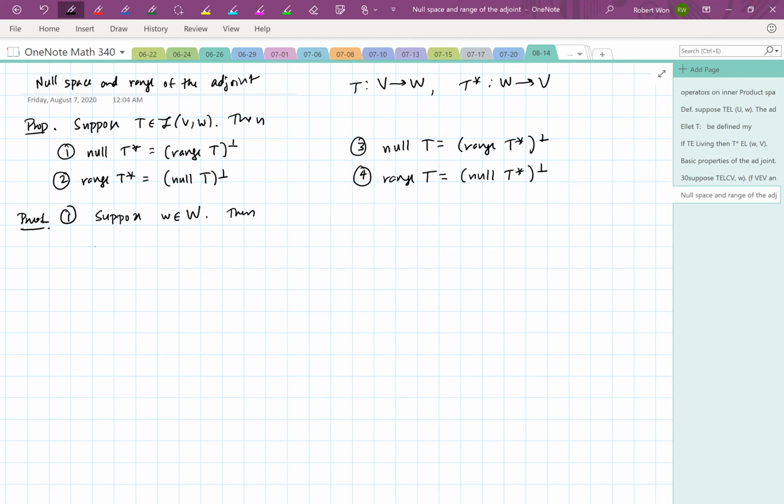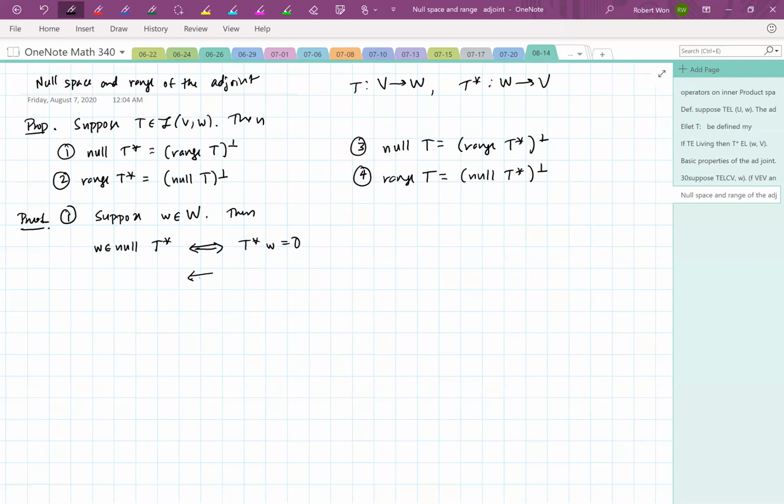Then, w is in the null space of T star is equivalent to saying that T star of w is equal to 0. That's just what it means to be in the null space. Okay, but then a clever way to say that something is 0 is to say that every inner product with the vector is equal to 0.